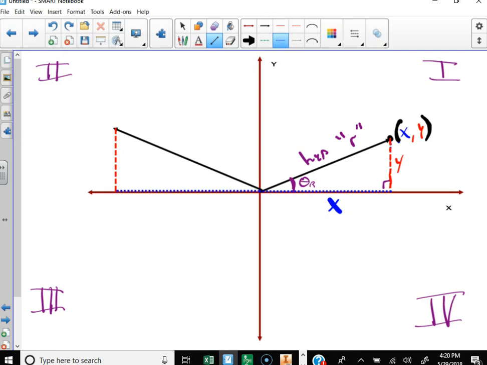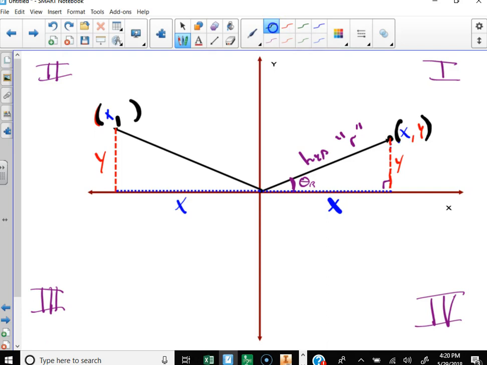But it's still going to be the case that this leg is the X value, and this leg here is the Y. And this point here is the point X, comma, Y. This is our reference angle.